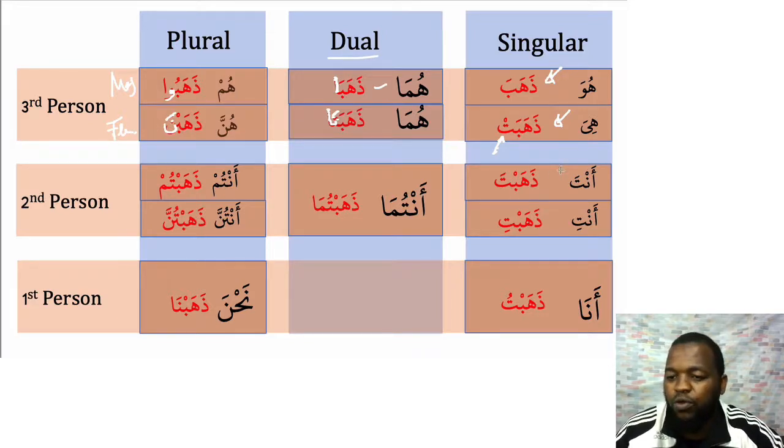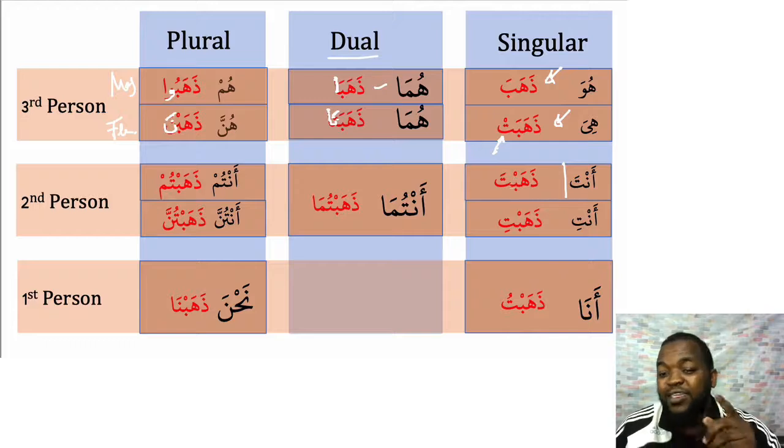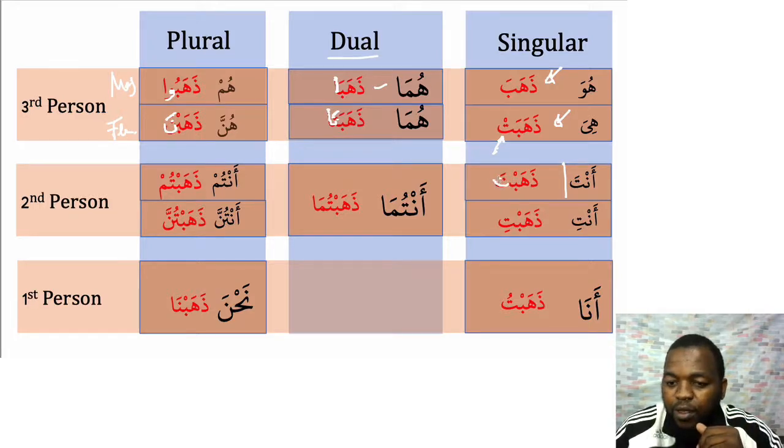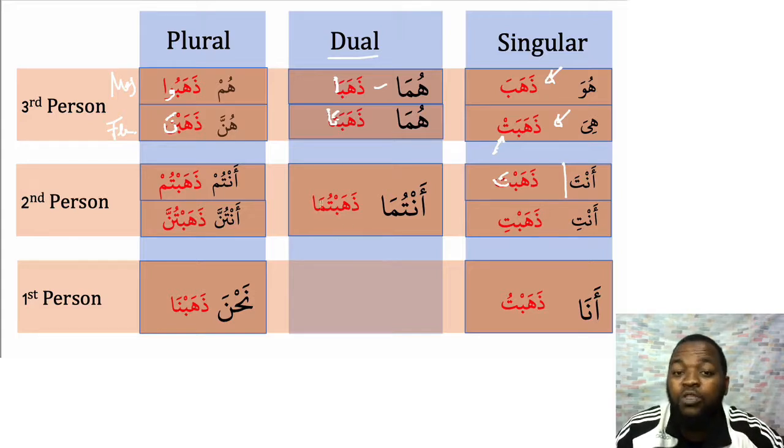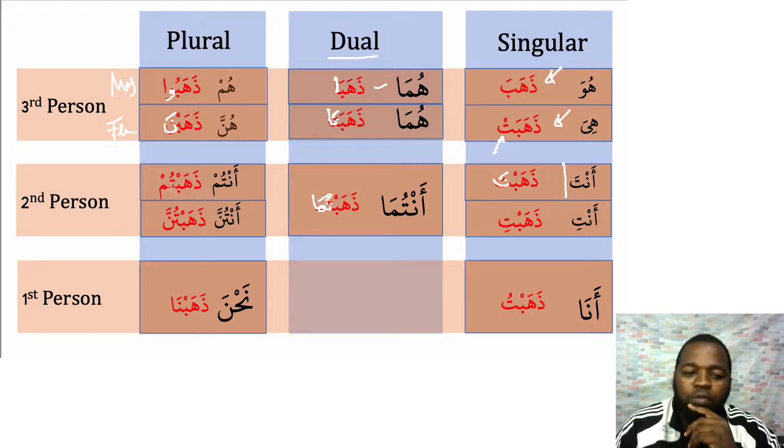Dhahabta. This ta here means you. Dhahabta, you went. Dhahabtuma, the subject is here, tuma. And here dhahabtum. This tum is the subject. Dhahabtunna. This tunna is the subject.